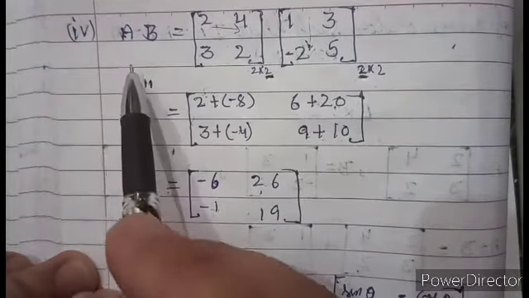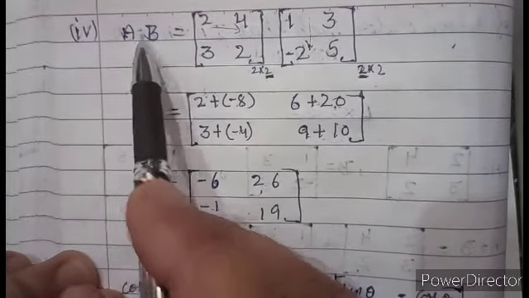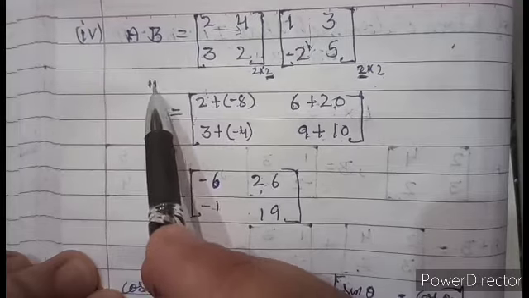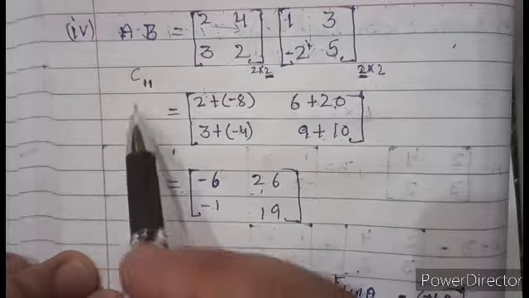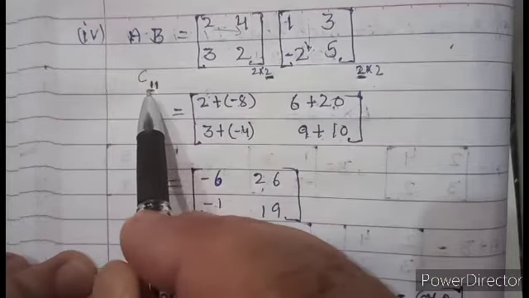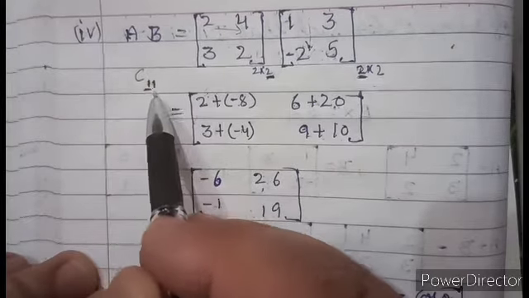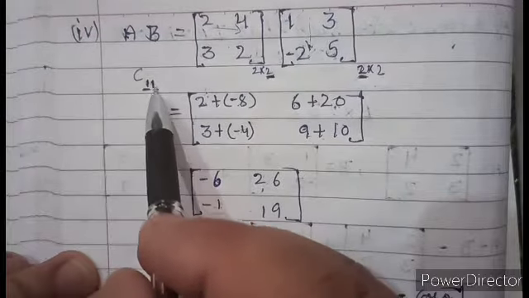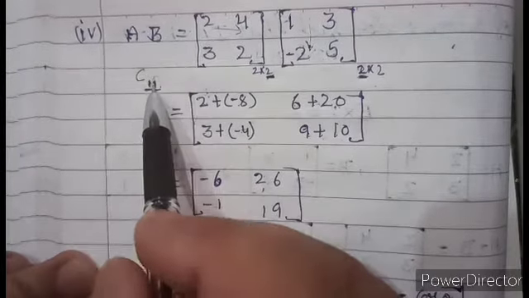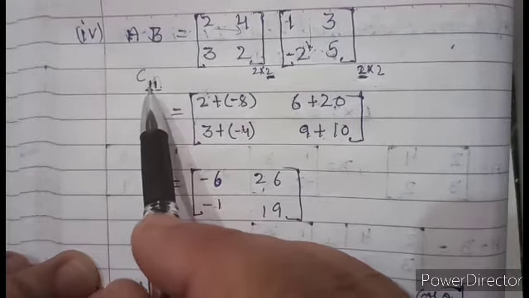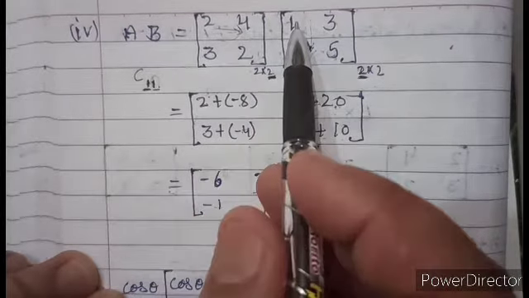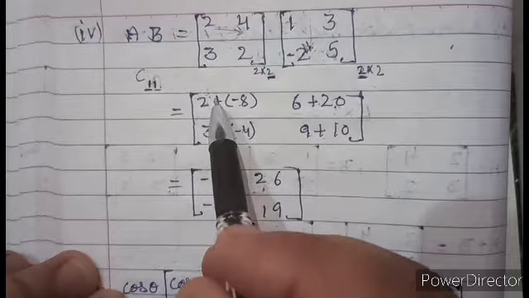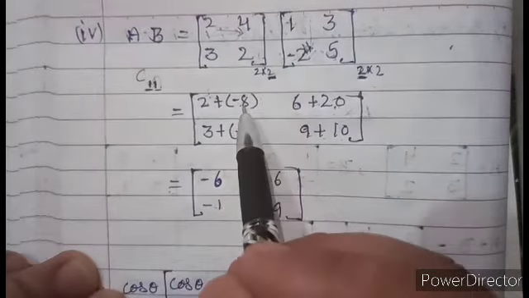That means we will take the first row of A and the first column of B. Suppose the product AB is C, then we want to find C11. The first number denotes the row and the second number denotes the column of B. So we have to multiply row 1 of A with column 1 of B. So 2 into 1 will be 2, then plus 4 into minus 2 will be minus 8.